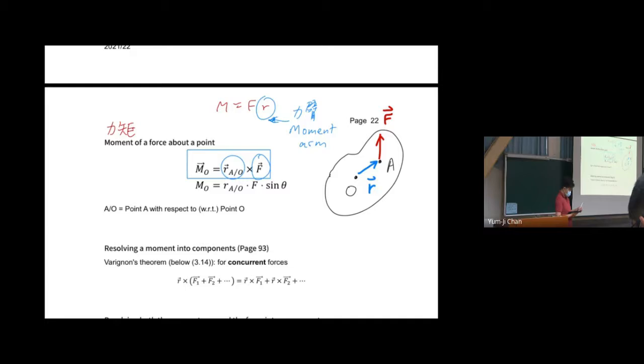So do not write it like this. You write R first and then F. Okay. If I see the wrong way, then I will put a cross on it.